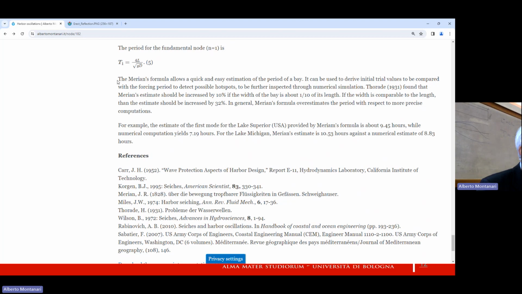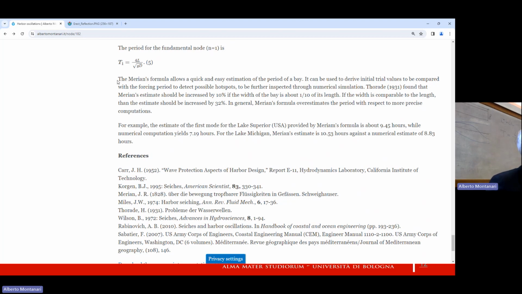And of course, it is derived under very simplified assumptions. And therefore it may provide a rule of thumb, a first indication.